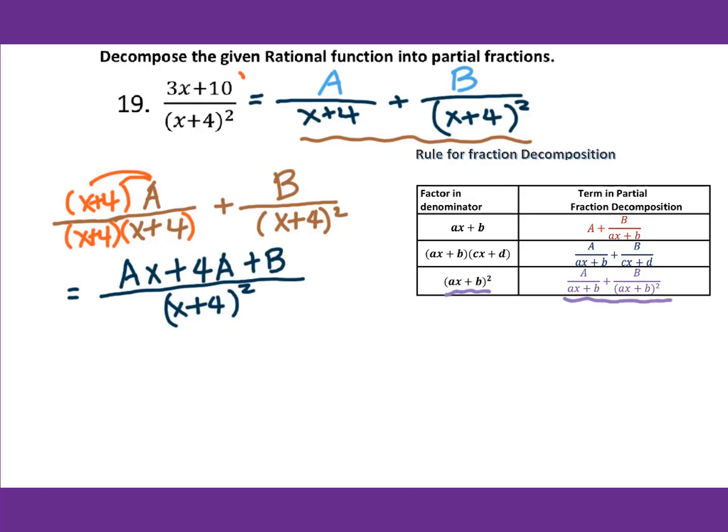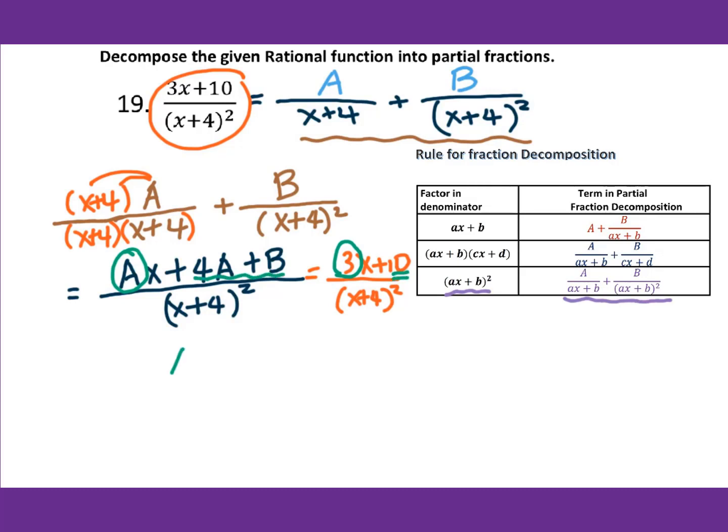Then we set it equal to 3x plus 10 over x plus 4 squared. Then you can check the coefficient of x, which will be 3. That means a is 3. And the constant number will be 10.